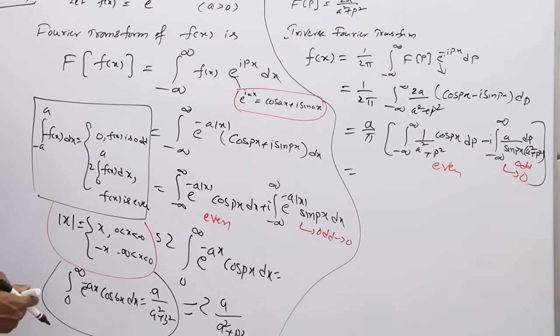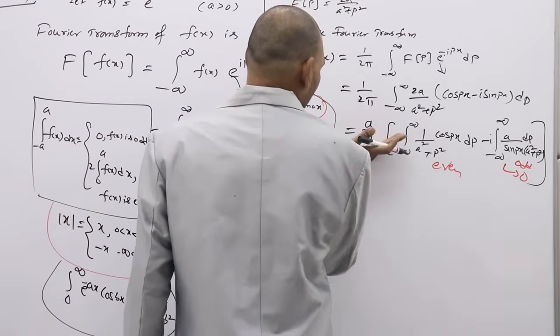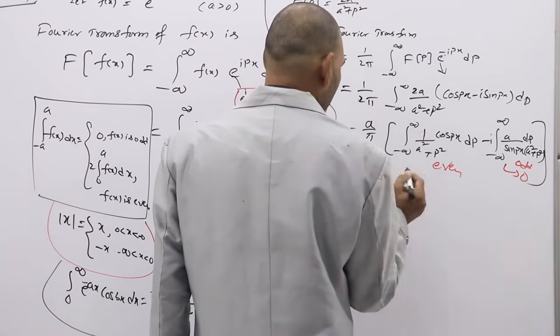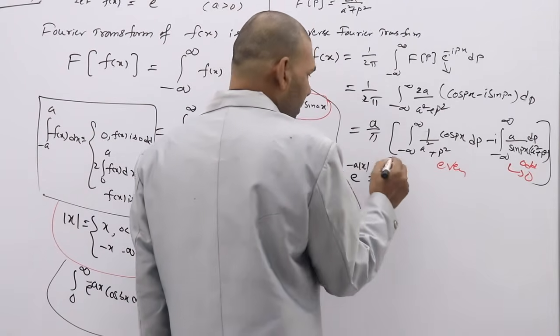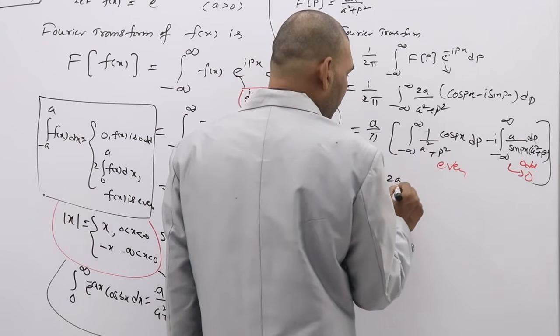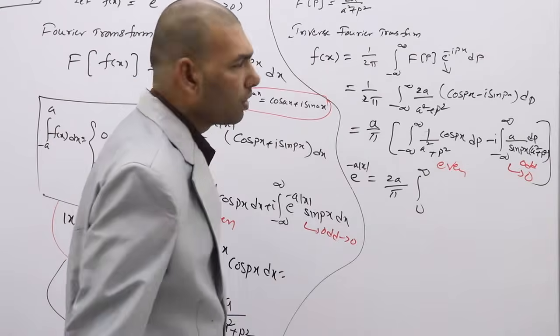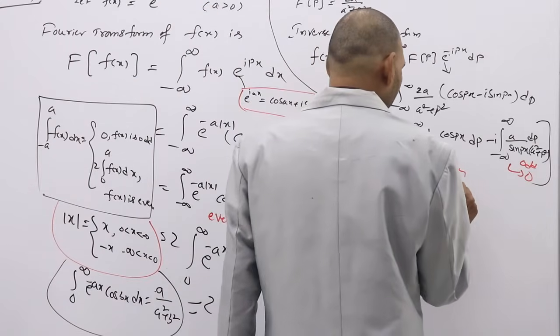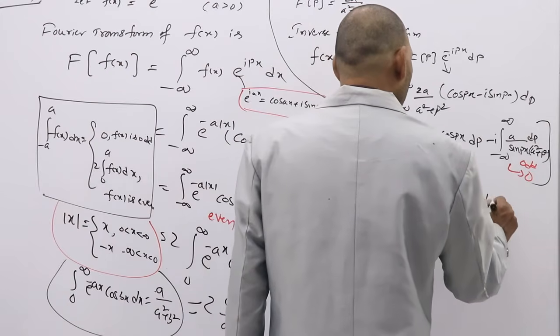For an even function, you will get 2. Here f of x is e power minus a mod x. So you will get 2a by pi, 2 integral 0 to infinity cos px by a square plus p square dp.